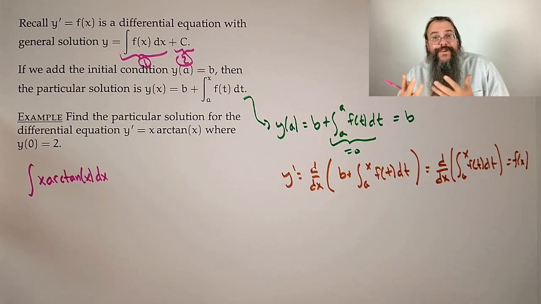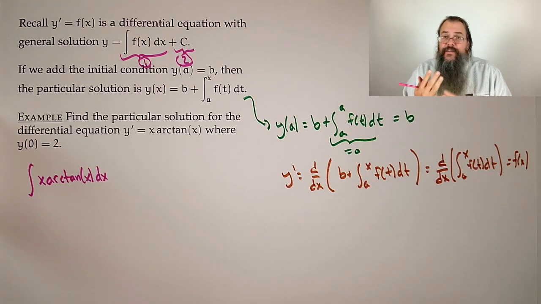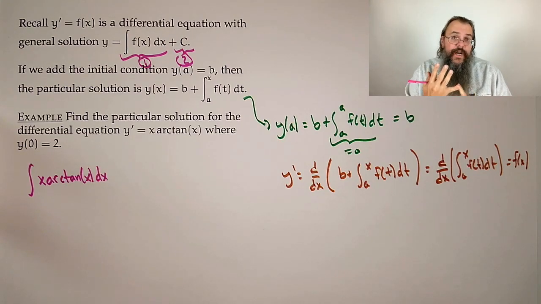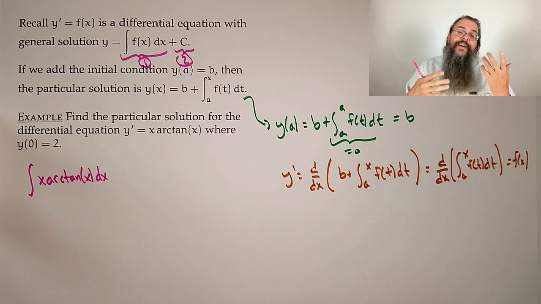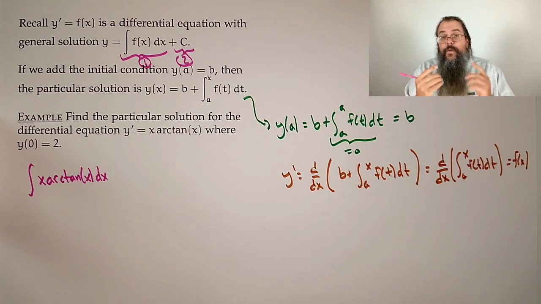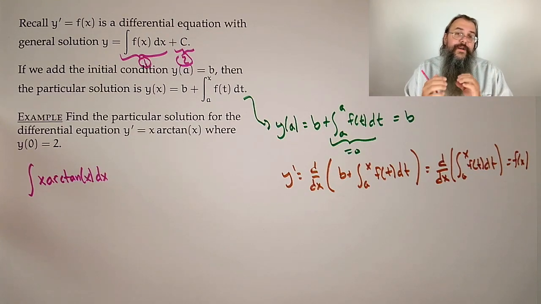If it's not one of those 10, we look for tools to help us rewrite it. So substitution is a great way to rewrite things, like trig identities, going into algebra, things like partial fractions, all sorts of tools. And one of our tools is integration by parts. And so this is a great time for integration by parts.